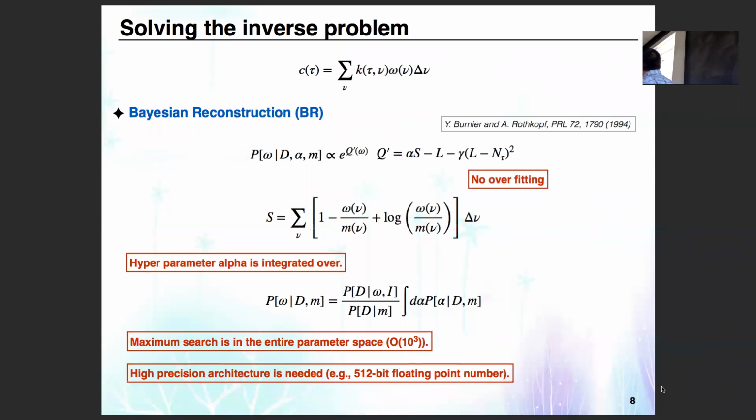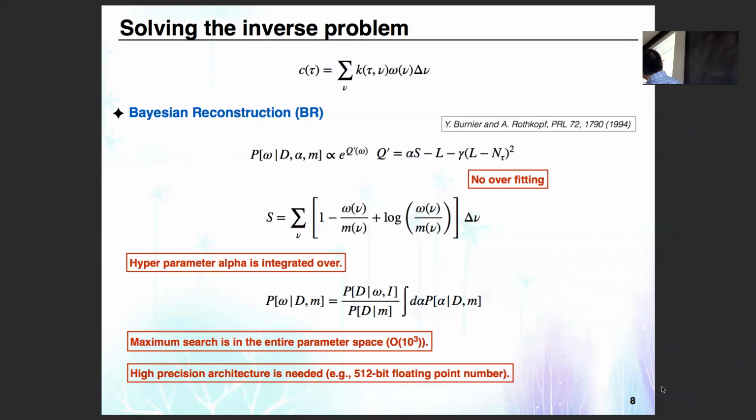So the last method is called Bayesian reconstruction, which is a new method, and we are working on it together with Roscoff, and I think this is a very good method. The probability function is the same, and this is just a new Q prime like this. So there are two differences.